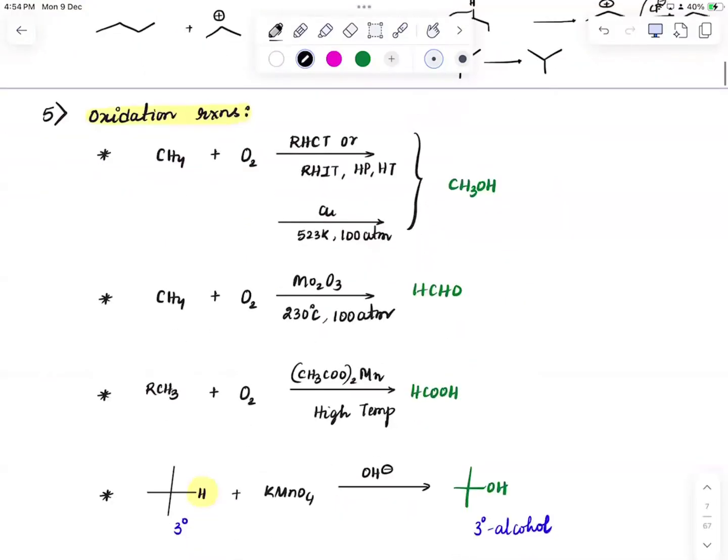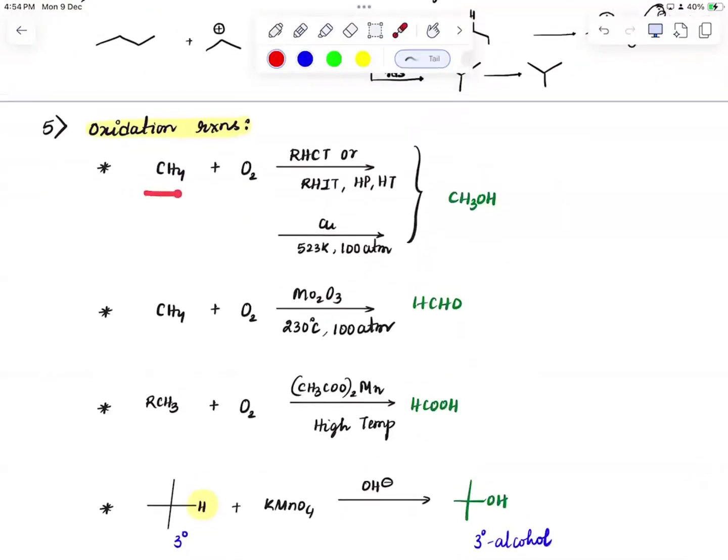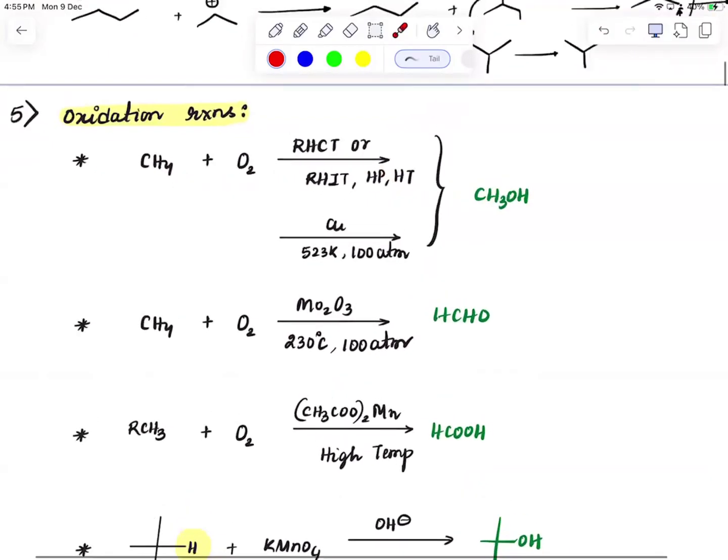Check. Next one is about oxidation reactions. If I take methane and react that with O2, in the presence of a red hot copper tube or red hot iron tube with high pressure and high temperature, usually this temperature, if only copper is taken, is around 523 K and 100 atm.